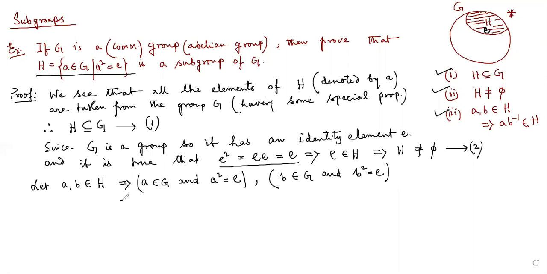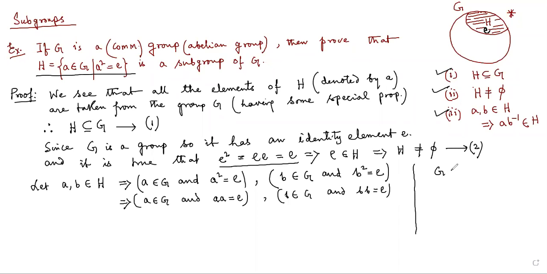And this implies that a belonging to capital G, and we can write it as a into a equal to e, and b belonging to capital G and b into b equal to e. Why am I writing it in this manner? We have a special purpose for doing this. What is that special purpose?